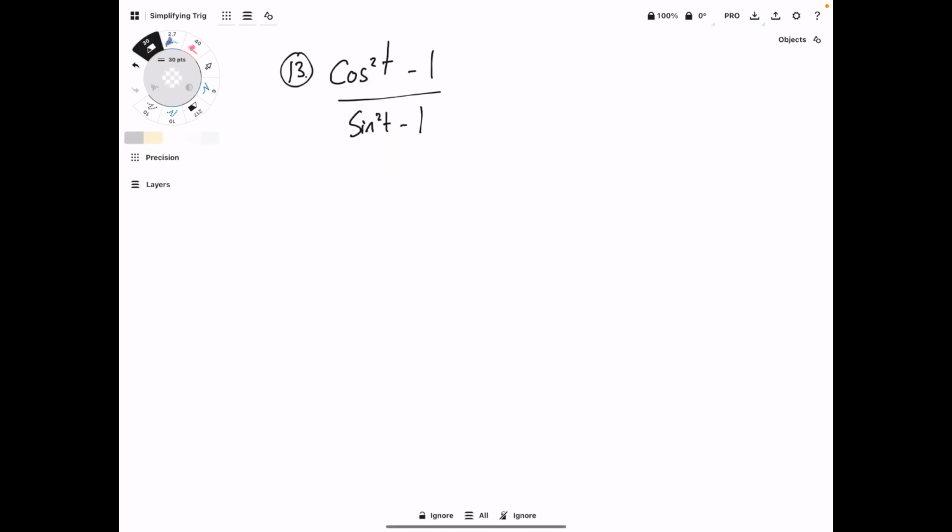Starting with question 13, we have cosine squared t minus 1 over sine squared t minus 1. In order to figure out what both of these actually represent, we're going to use our trig identity, cosine squared t plus sine squared t equals 1. And what we're going to do is subtract this 1 across.